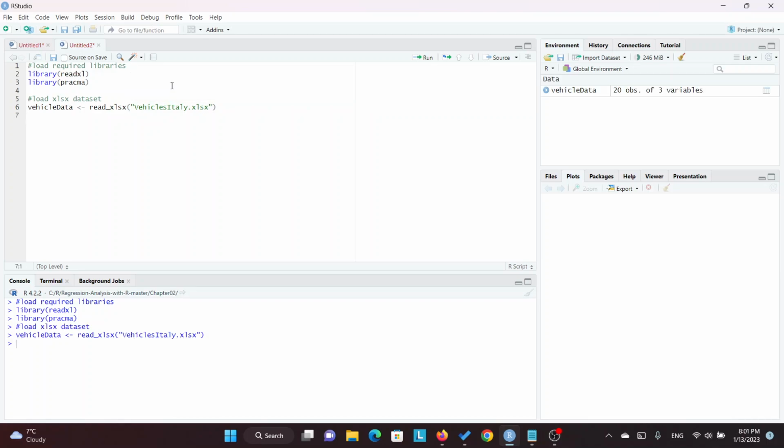We'll run that line. As you can see in our global environment, vehicle_data has been loaded.